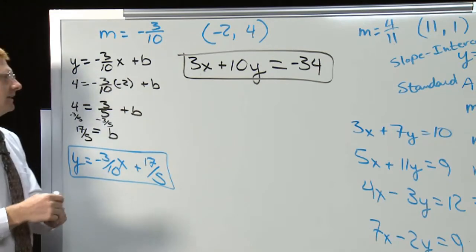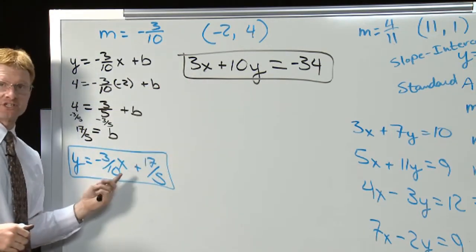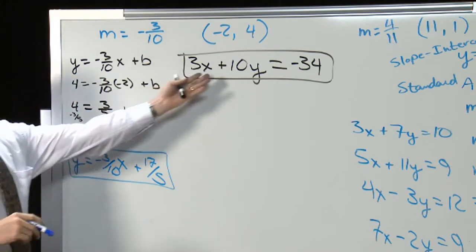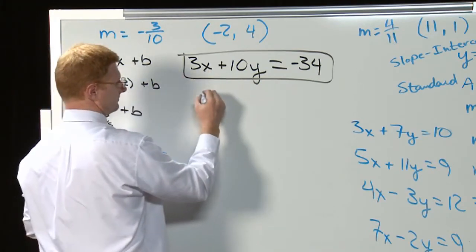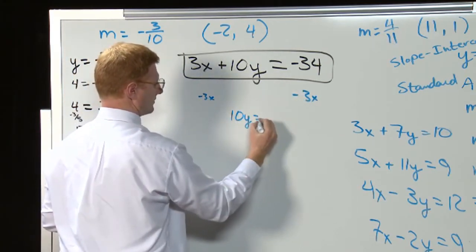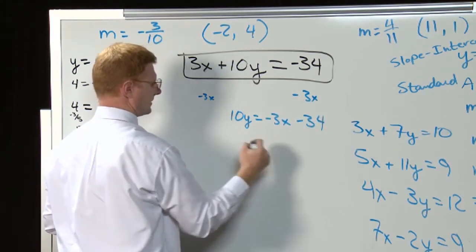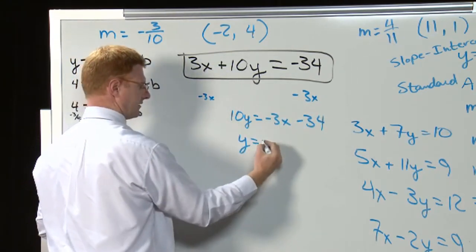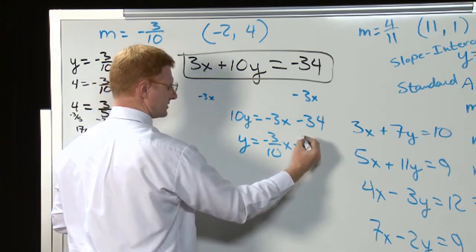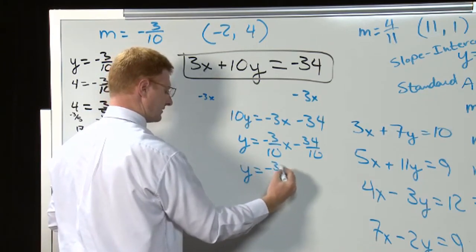Now, you can change these back and forth between each other. If you got rid of all the fractions and got the x over to this side, it will turn into that one. If you took this and solved for y, divide by 10, minus 34 divided by 10. I think that's a fraction that simplifies.